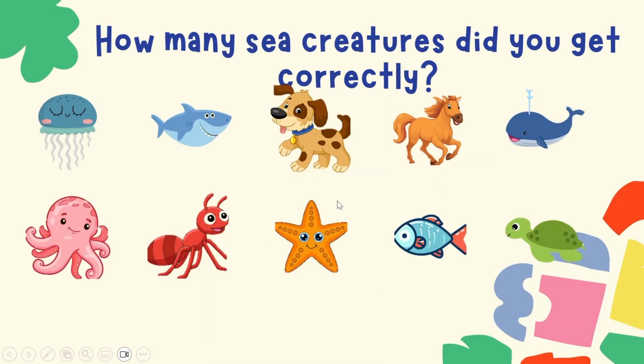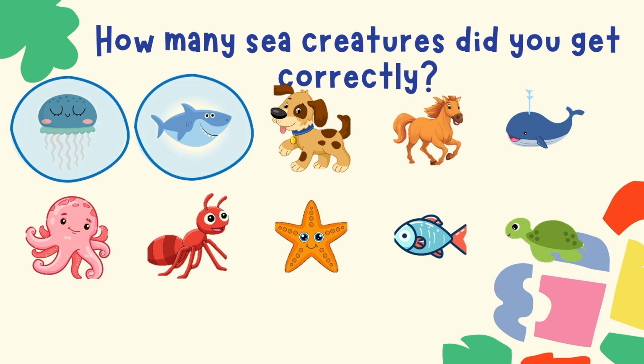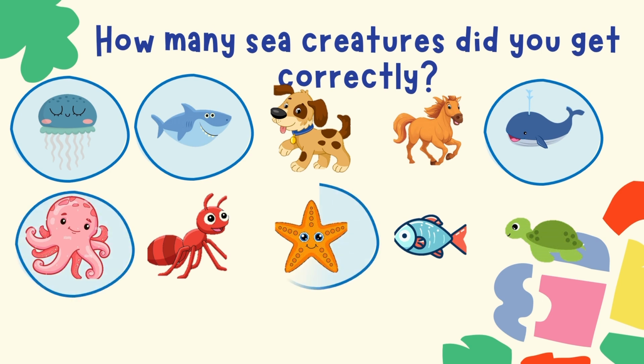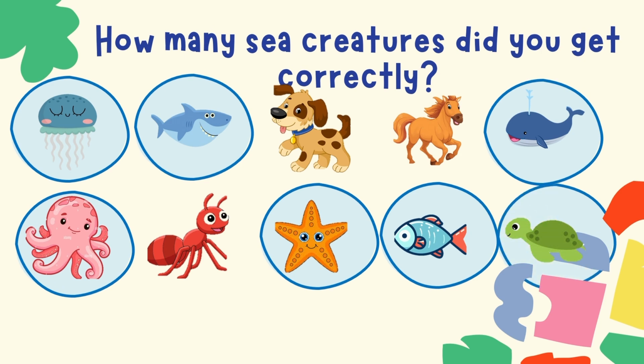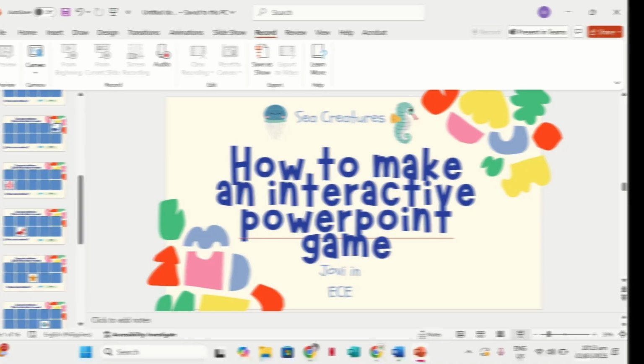How many sea creatures did you get correctly? The jellyfish, shark, whale, octopus, starfish, fish, and turtle. Let's count. 1, 2, 3, 4, 5, 6, 7.